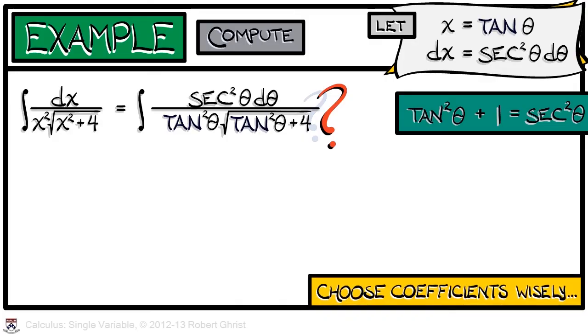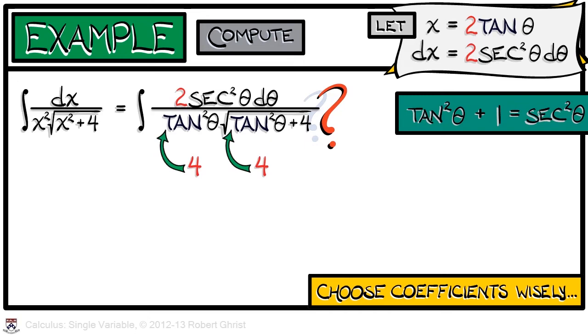What I should have done was chosen my coefficients more wisely. If instead of letting x be tangent theta, we let x be 2 tangent theta, and replace dx with 2 secant squared theta, that puts a 4 in front of the tangent squared terms.